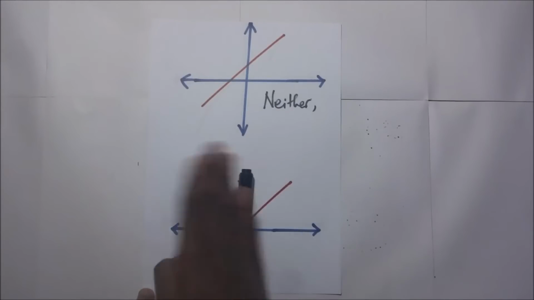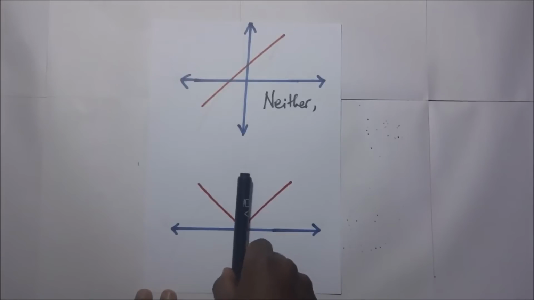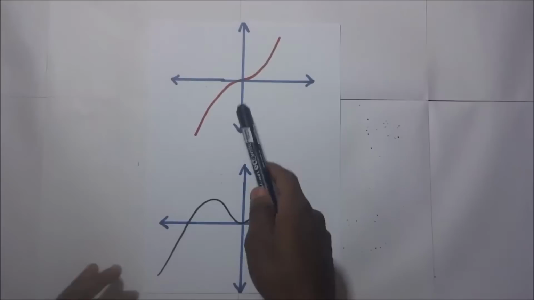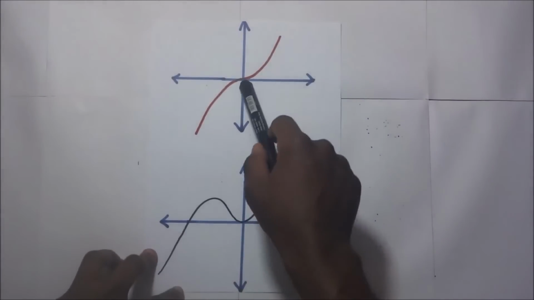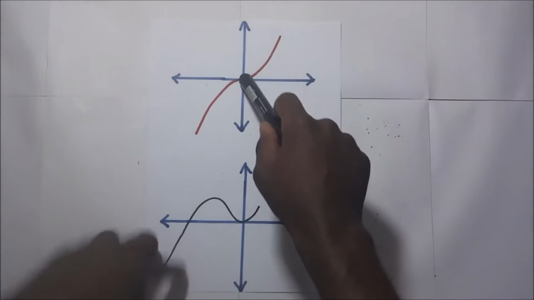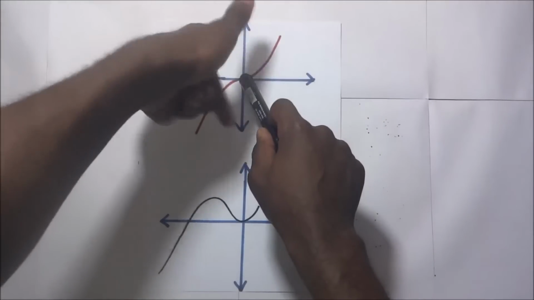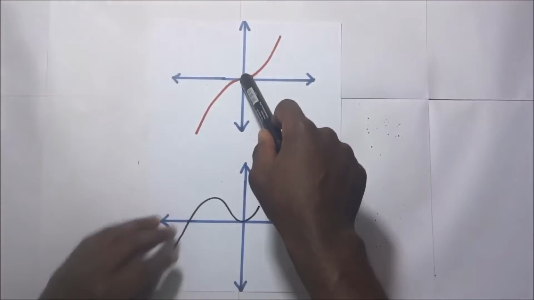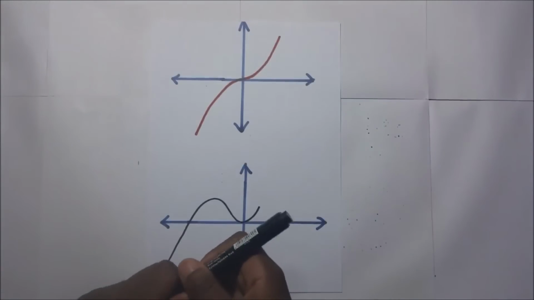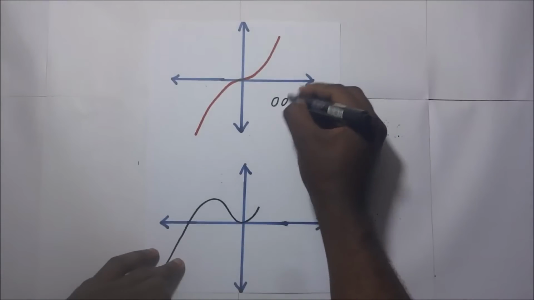This is reflected in that direction. So it is symmetrical about the y-axis, so this makes it an even function. Looking at this one, it is symmetrical about the origin. In other words, if I was to rotate this graph by 180 degrees, it would look exactly the same. So because it is symmetrical about the origin, it is an odd function.